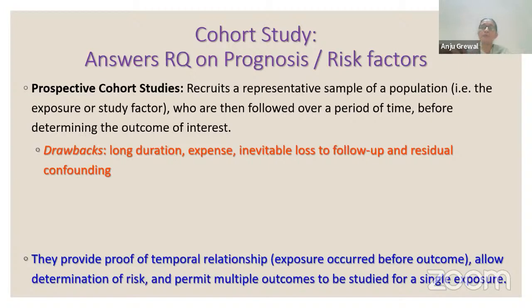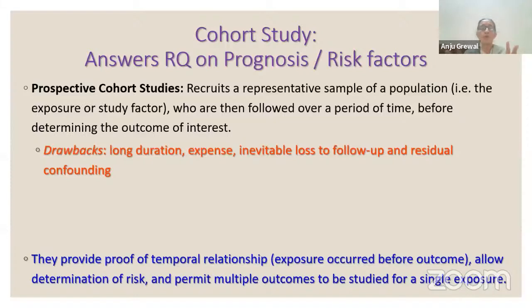To give you an example from anesthesia: if I want to understand why mothers who are administered spinal anesthesia during cesarean section have hypotension, I want to understand the main factors.